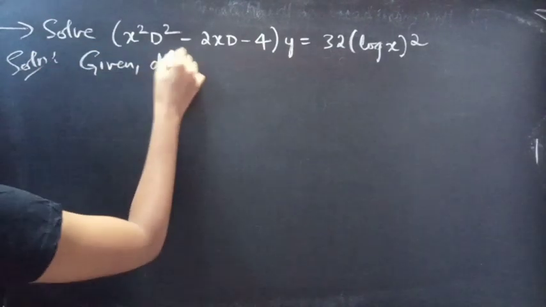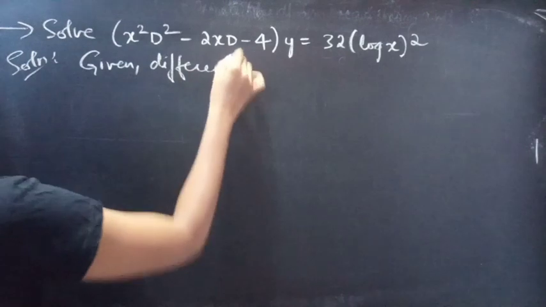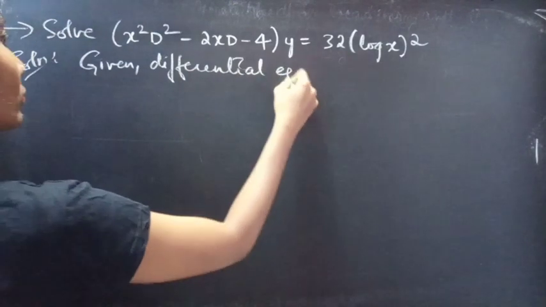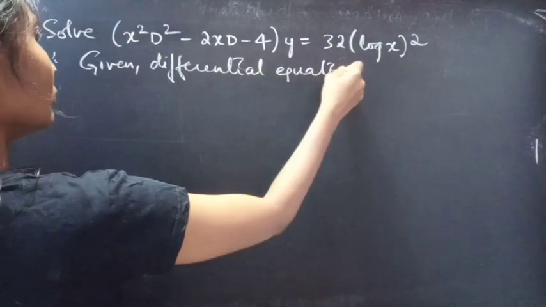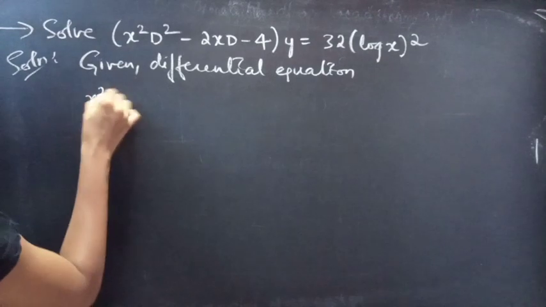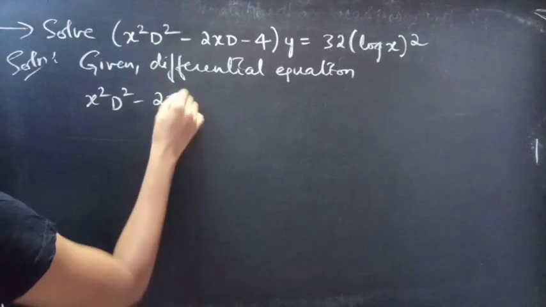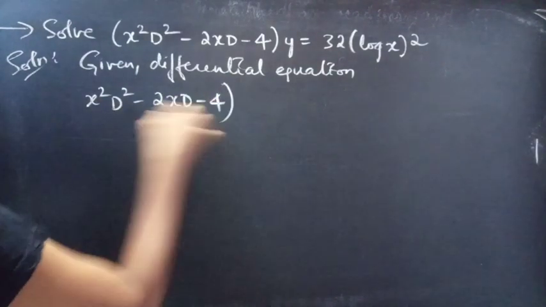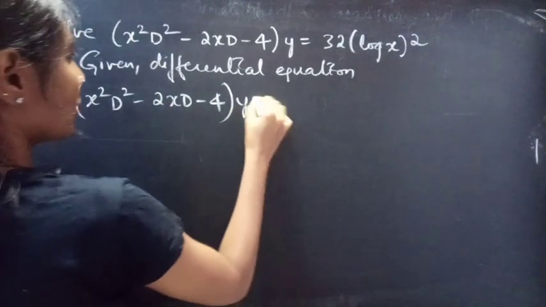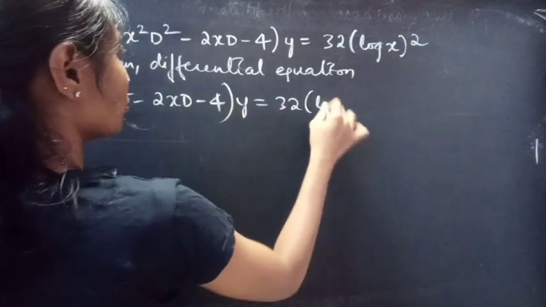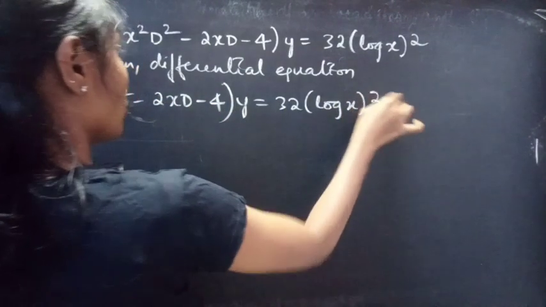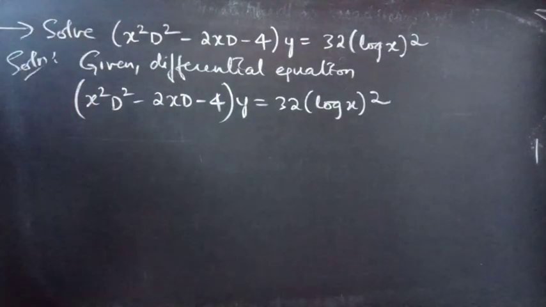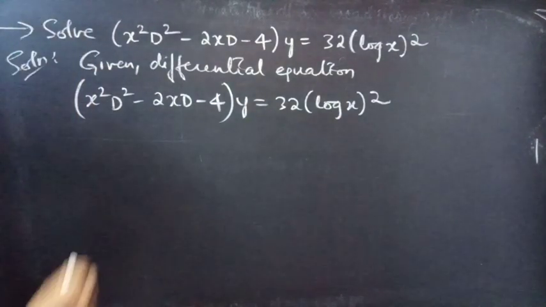Given differential equation: (x squared D squared minus 2xD minus 4) y equals 32 (log x) whole squared. We are given directly a Cauchy's equation, right?